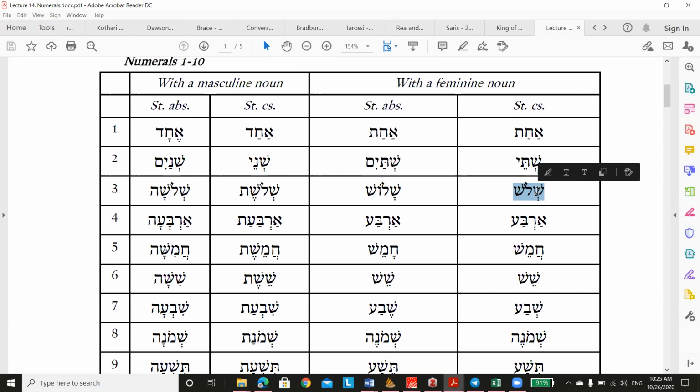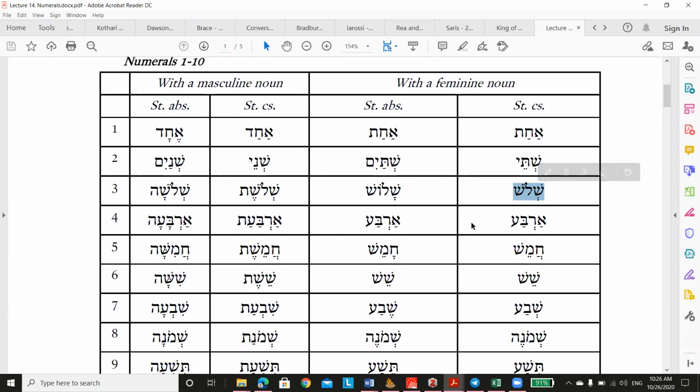Starting from 3 and on, we need to reverse the gender of the number, so that the number will take the opposite gender to the noun. Is it clear? So this is the most confusing thing about the numbers. Yes, please.